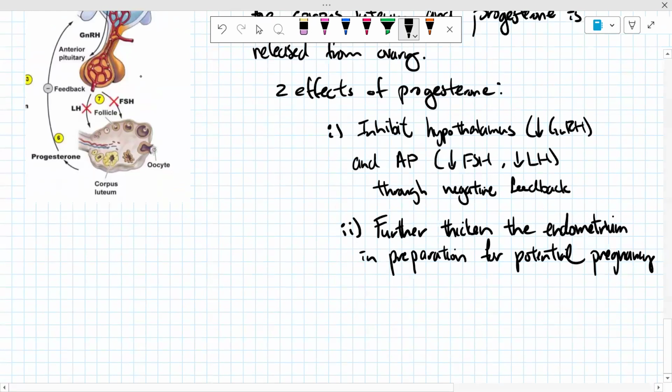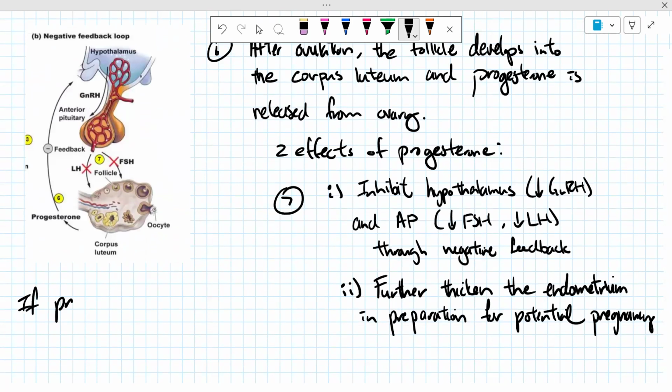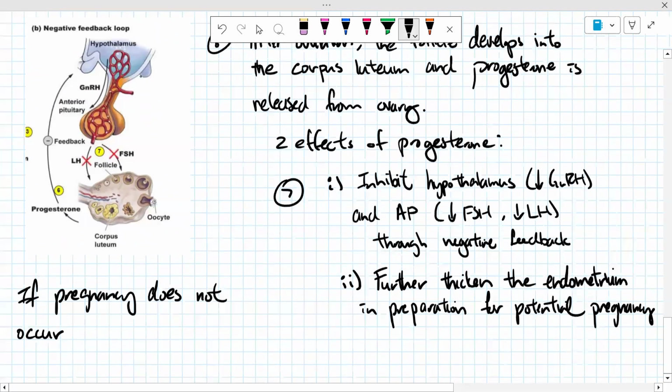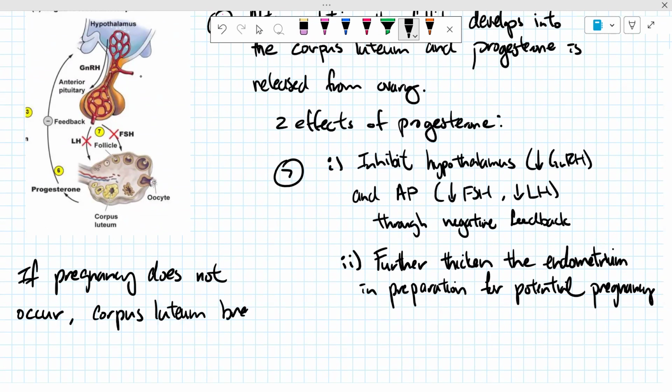Okay, so that's basically number 6 and number 7. Finally, if pregnancy does not occur, as is the case most of the time, then the corpus luteum breaks down.